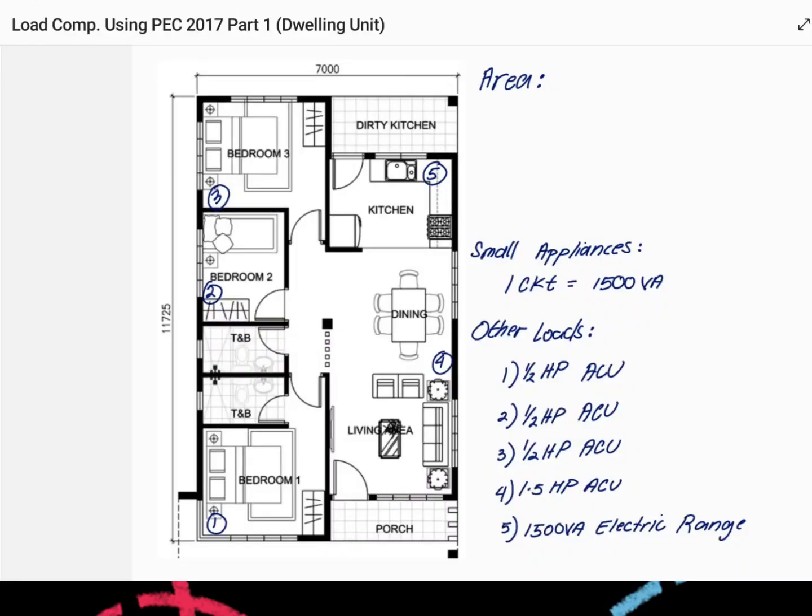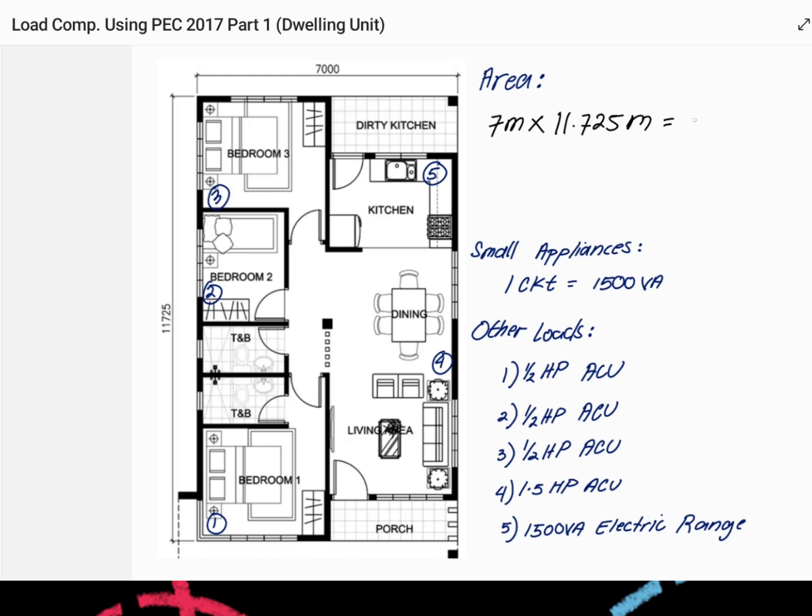For our sample computation, we have here a sample floor plan of a dwelling unit. First, we must determine the total area of the unit. To do that, just multiply the length and the width of the area. So here, we have a length of 7 meters by 11.725 meters.